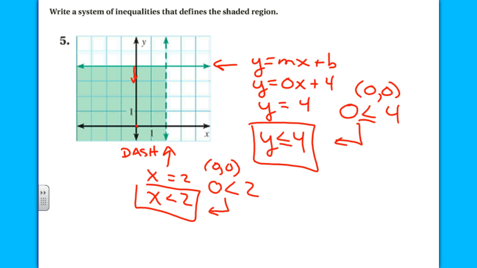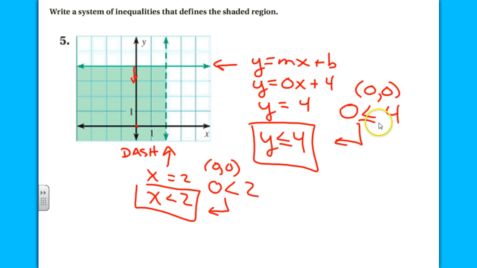Hannah just asked if 0, 0 is not a solution, could you still use it as a test point? And you could, right? Let's say it was shaded above the line for the second one, okay? So say there was a common area somewhere up here. 0, 0 would not be a solution.